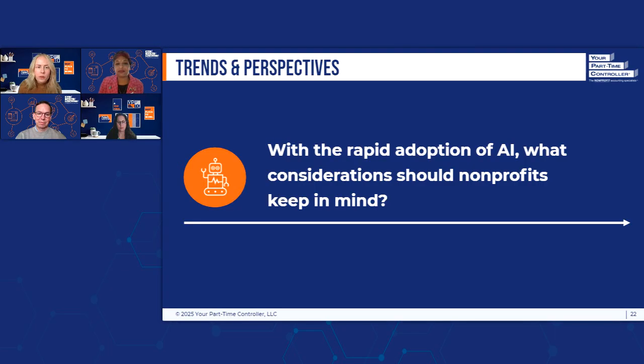So in our past webinar with AI, one of my favorite things that was covered was just the considerations for implementing AI, kind of bringing this awareness into that space. And so for nonprofits, what are some of the biggest considerations that they should keep in mind when implementing it?